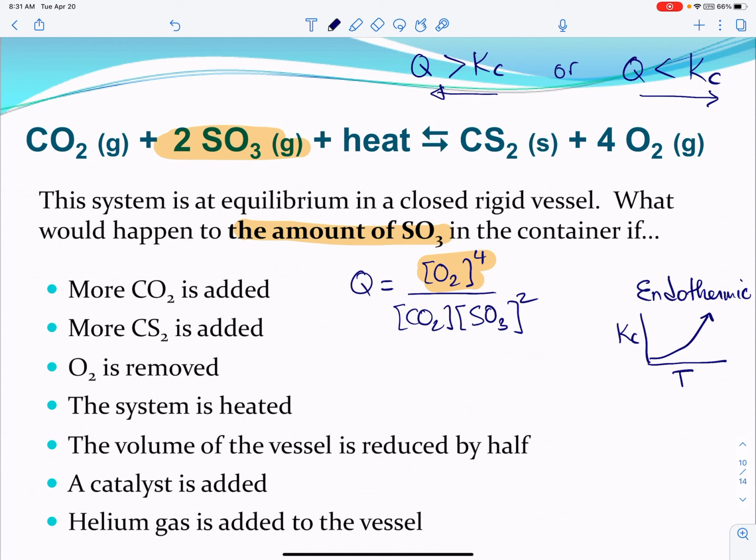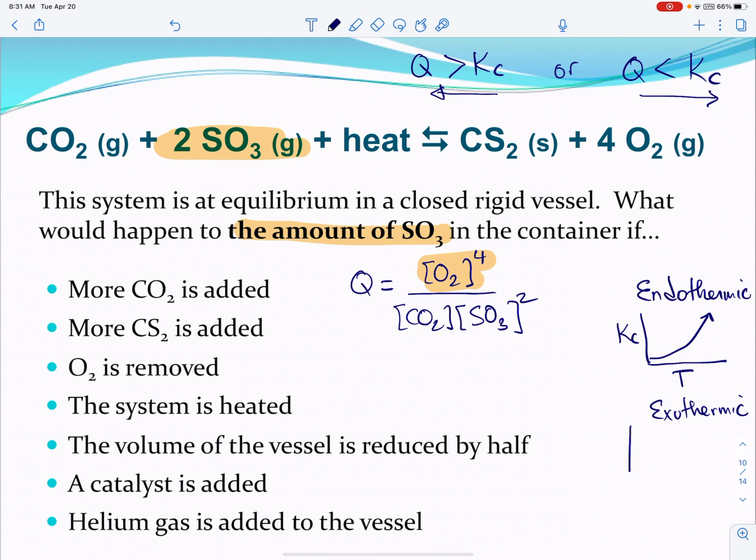Okay, so what's that telling me? It tells me that as the temperature gets larger, the Kc also gets larger. So when you raise the temperature, Kc gets bigger if it's an endothermic reaction. If you lower the temperature, the Kc gets smaller in an endothermic reaction. Now, if the reaction were exothermic, you should write this down.